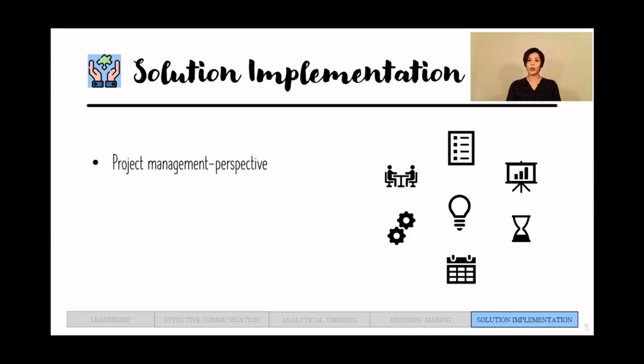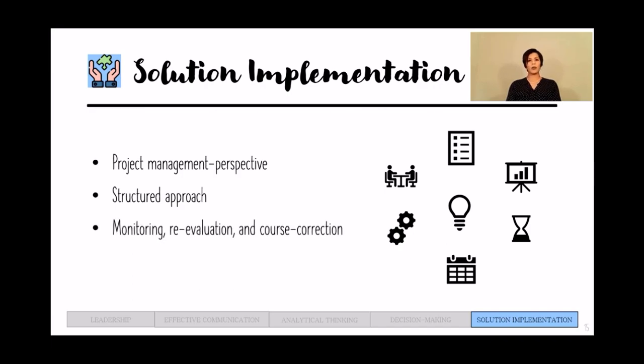Like every other part, this too requires a structured approach to make sure that the solution is implemented in an effective, goal-oriented, and robust manner. Once the solution has been implemented, monitoring, reevaluation, and of course corrections are equally essential parts of this process.